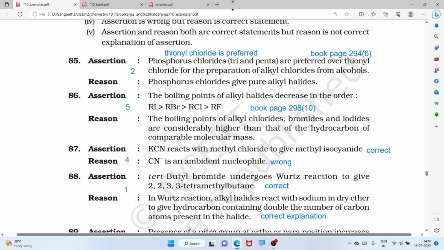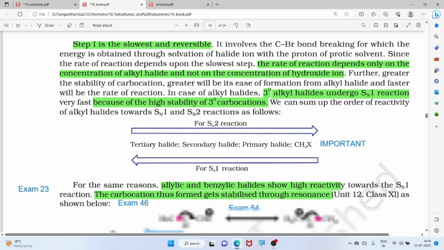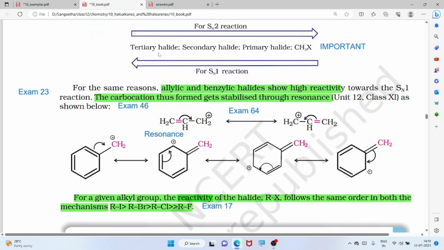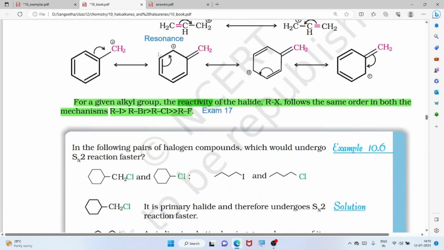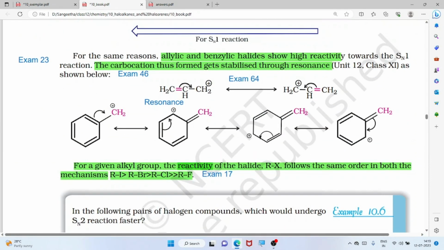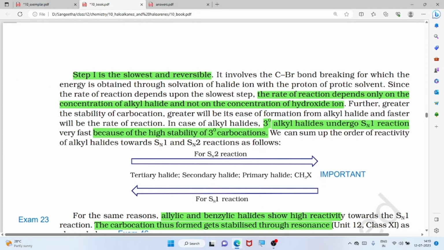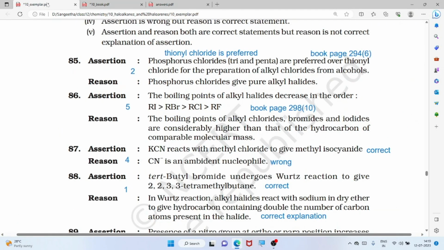Phosphorus chlorides are prepared over this. Question 6.